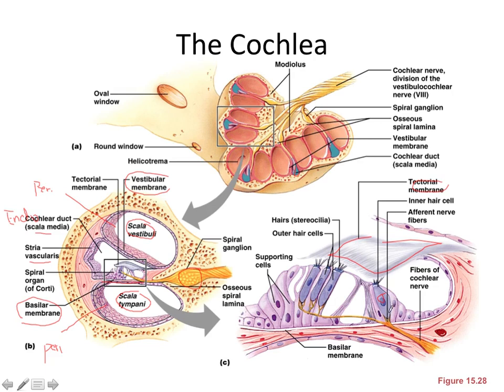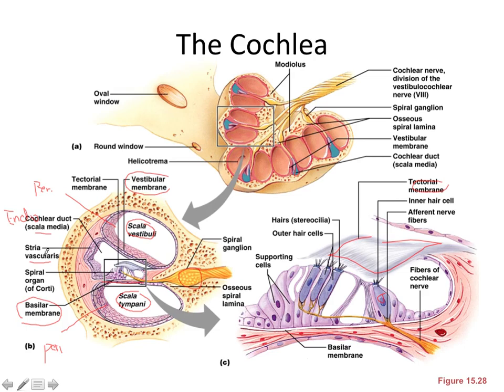All the hair cells are linked with nerve fibers. The hair cells are attached to supporting cells, which support and stabilize the hair cells. On the bottom is the basilar membrane.